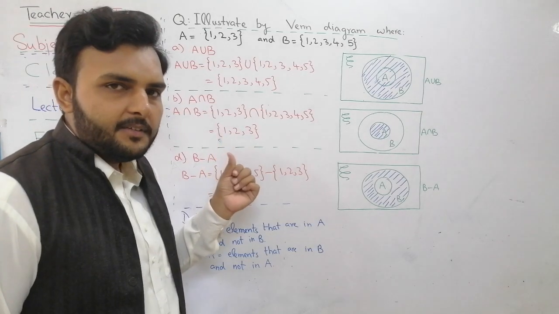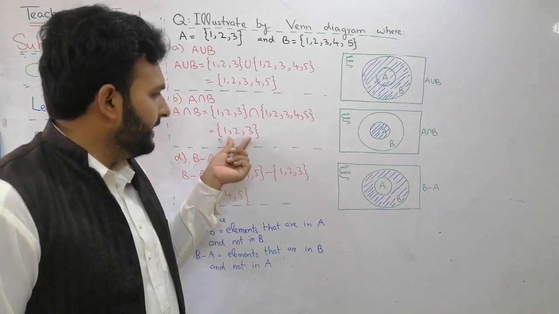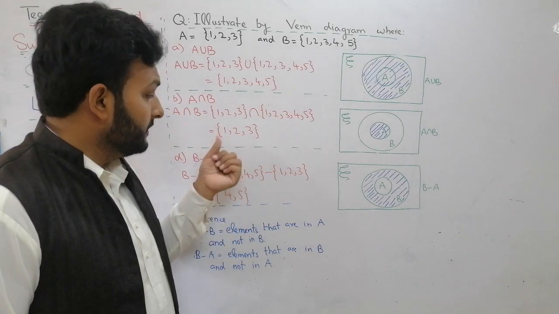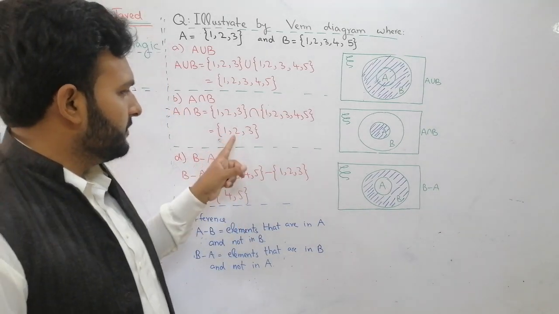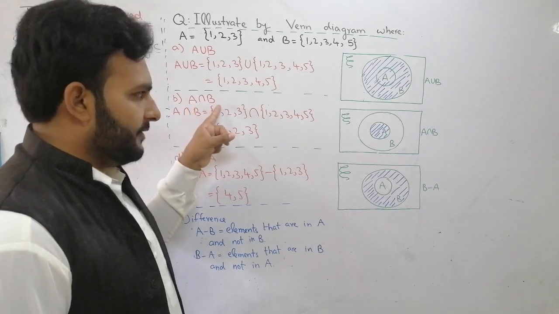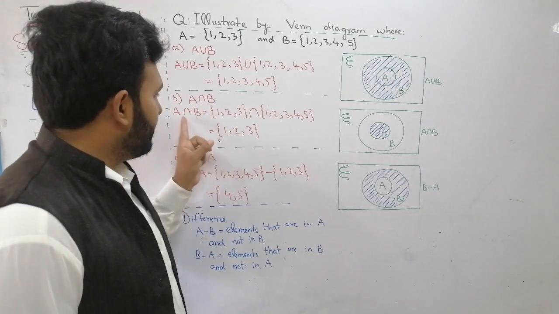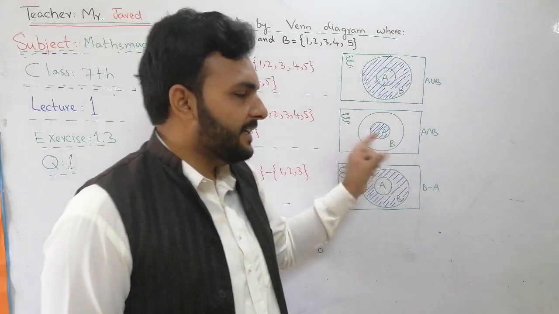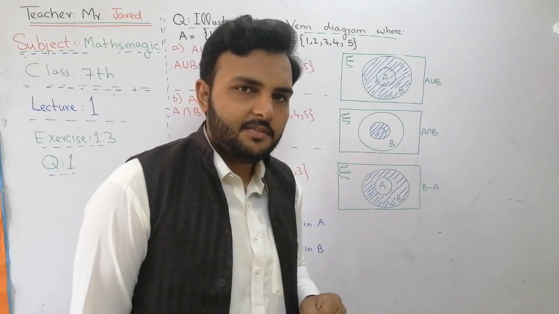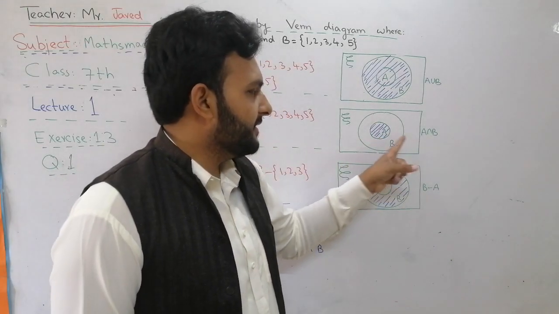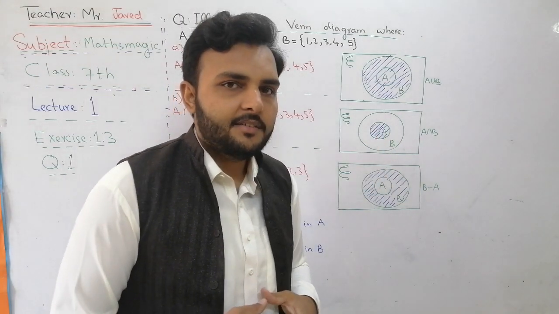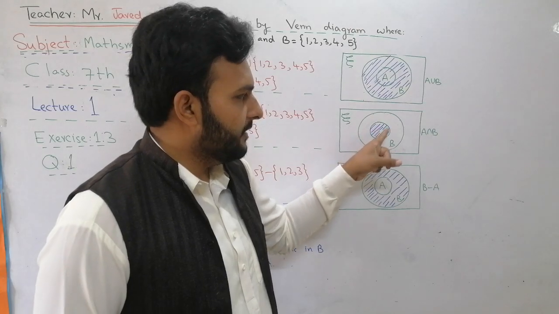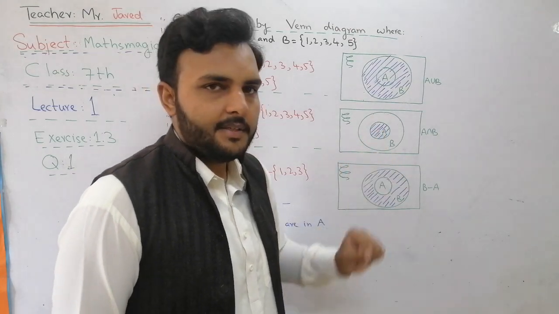Now 1, 2, 3 are the elements of set A. So the answer will be A, and we will shade set A. Clear, all the students? So in A intersection B, A will be the answer, because this is the common area of A and B.